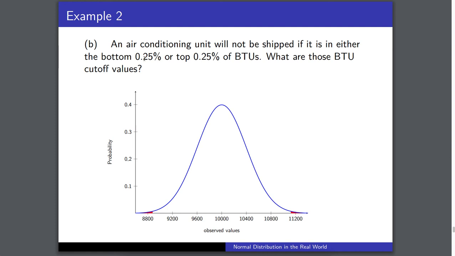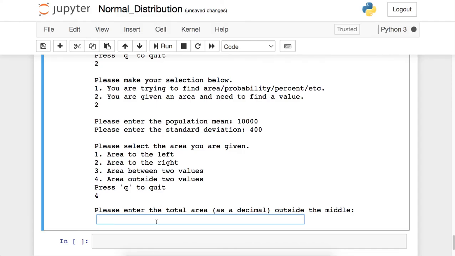So this is 0.0025 and 0.0025. Rather than add them separately and then type that number in, we could convert them as we did, 0.0025, and add it to another 0.0025.